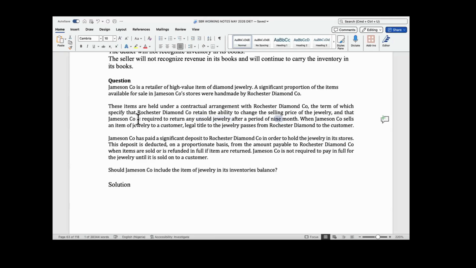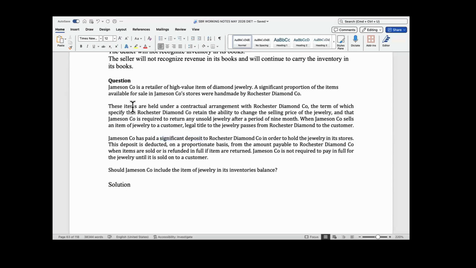So James Co. does not have control because this man can ask him to return the goods. And when he sells, legal title passes from the seller to the customer, not from James Co. to the customer. Now, he usually pays deposits. So this is where I'm going. These deposits that they pay, how are we going to treat them?